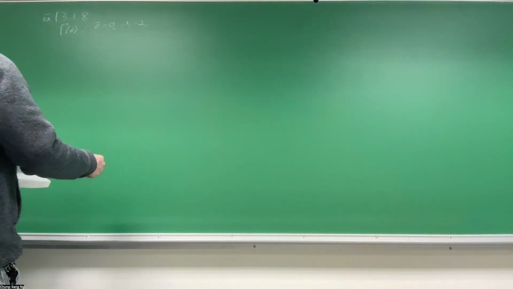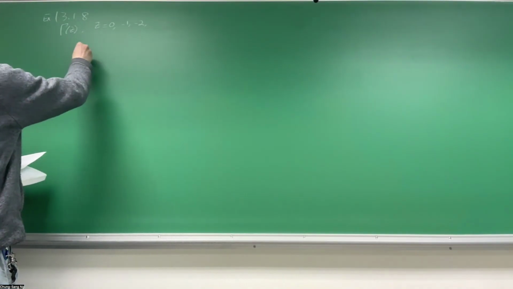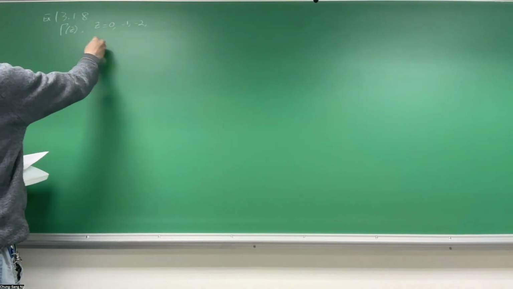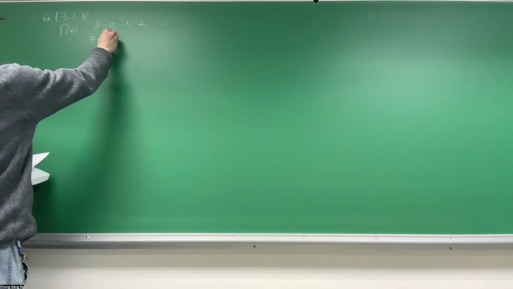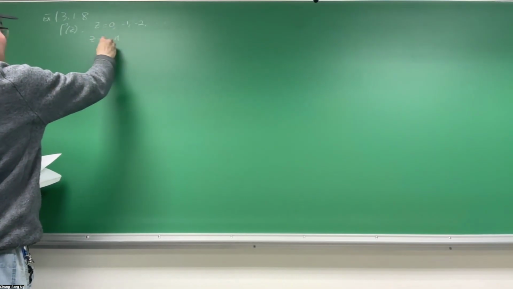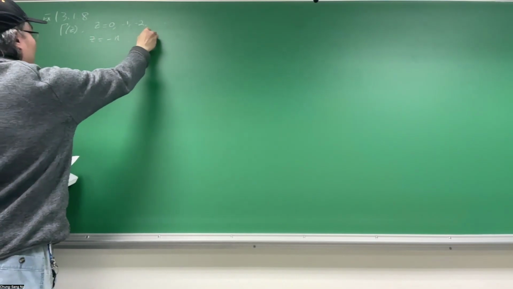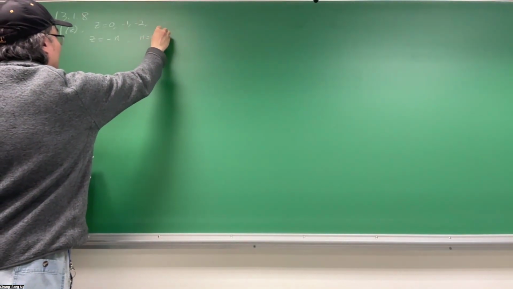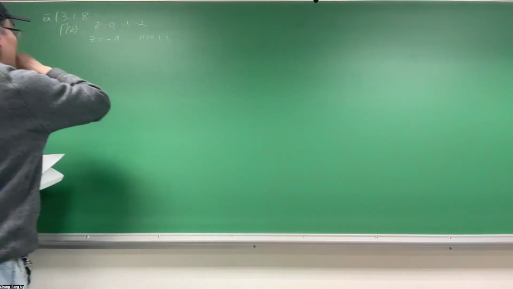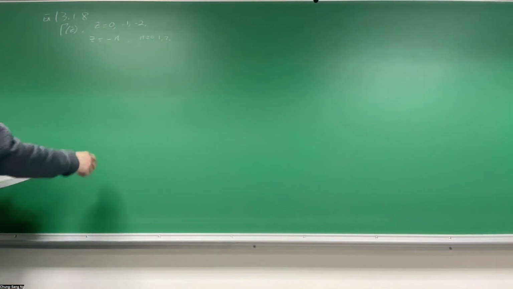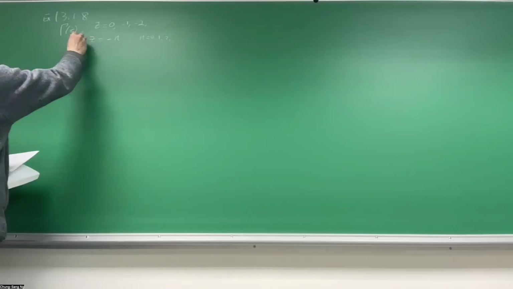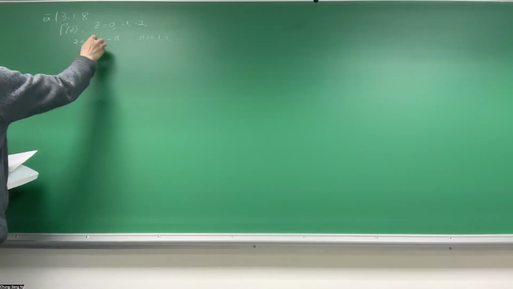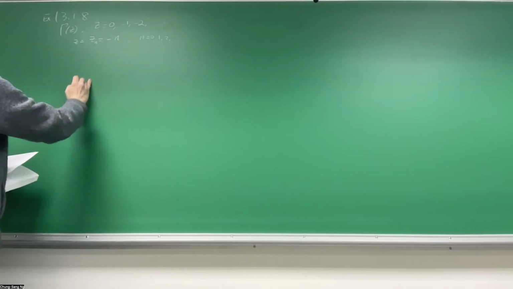So z equals minus n, with n being 0, 1, 2, 3, right? You can say that z equals z sub n. It's a pole, right?